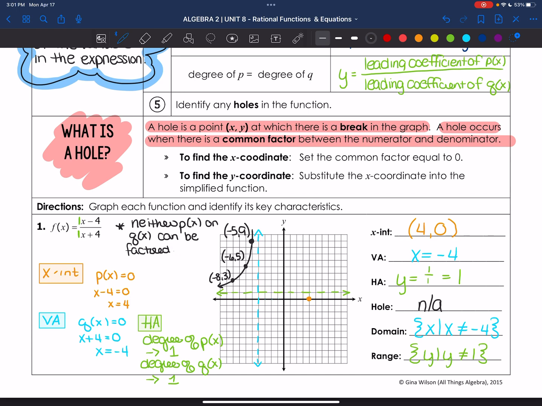That allows me to sketch my graph. And then on the other side, I've got some nice points as well. We've already got our x-intercept. My y-intercept is going to be right here. That's at 0, -1.